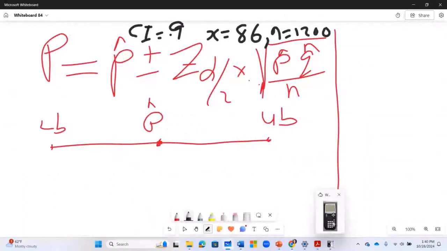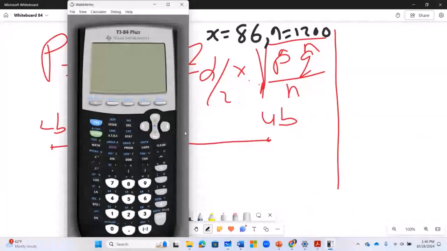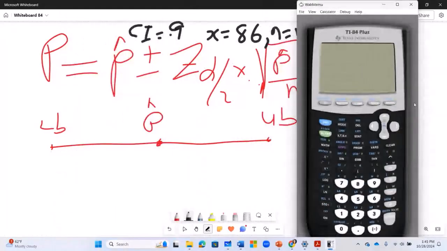All this time we have been doing confidence intervals for proportion. So I go to my calculator, press stat, arrow to test, and arrow down to look for 1-PropZInt. I know that it takes time, but you can find it.